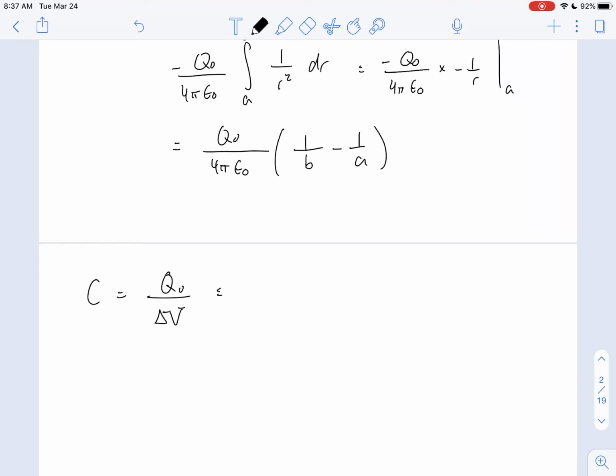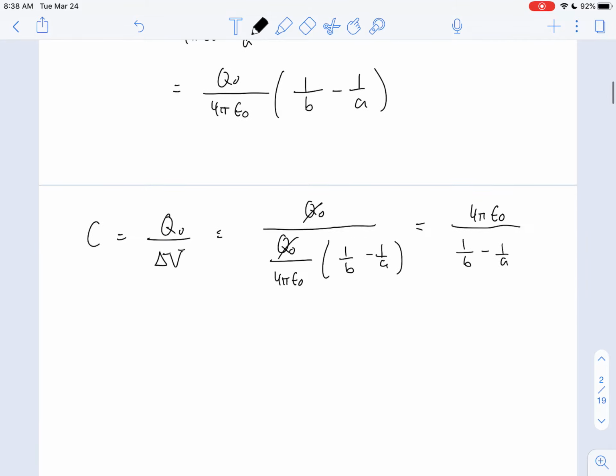So it's going to be Q naught over everything we just found. So Q naught over 4 pi epsilon naught, 1 over b minus 1 over a. The Q naughts cancel, and you could write this as 4 pi epsilon naught over 1 over b minus 1 over a.